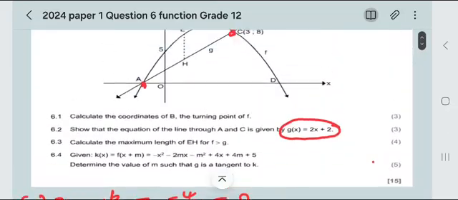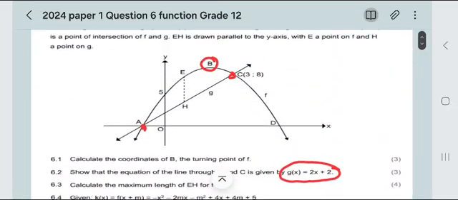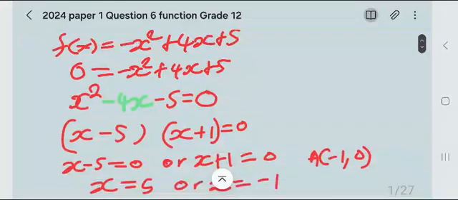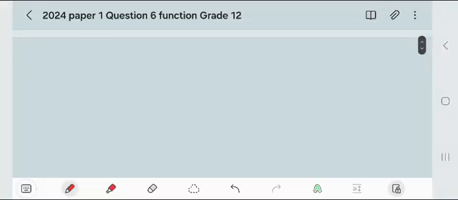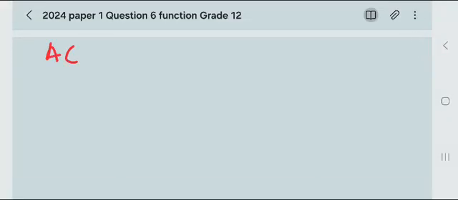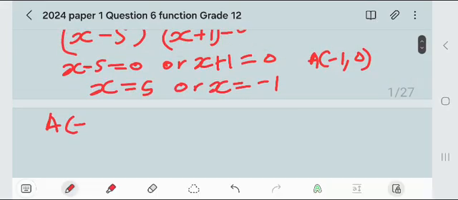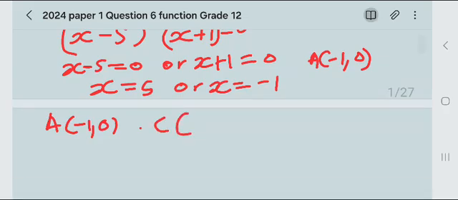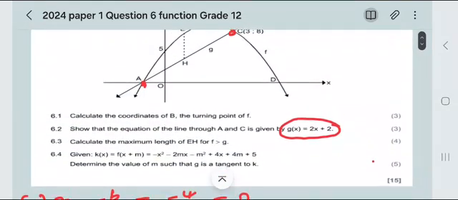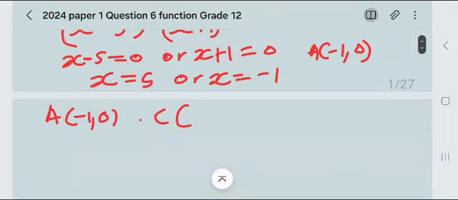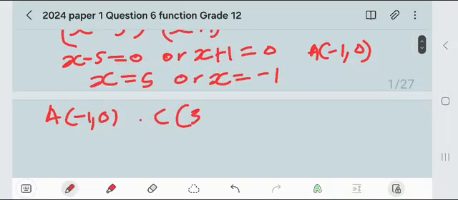We have 2 points now, A and C. Point A is -1, 0, and point C there is 3 and 8. So we have 2 points now.